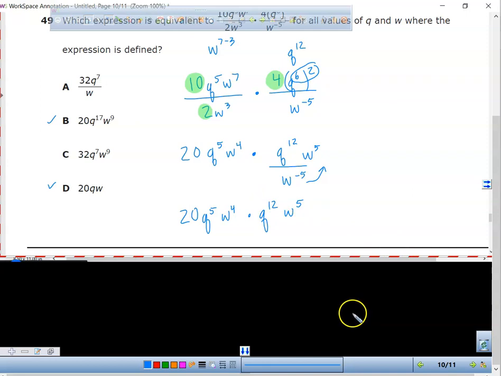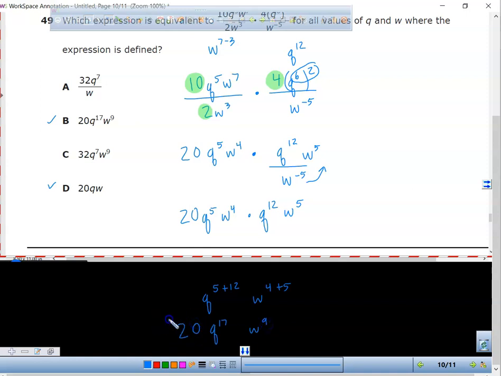Now we use what's called the product property. And the product property states that if you have the same variable, all you have to do is take the exponents and just simply add them together. So 5 plus 12 is 17. 4 plus 5 is 9.